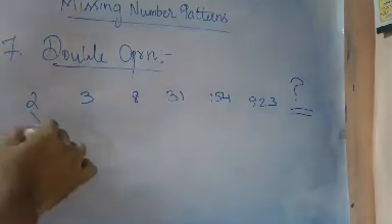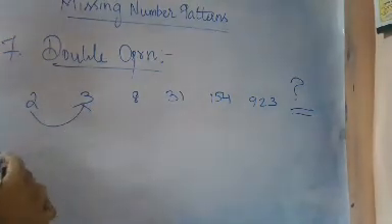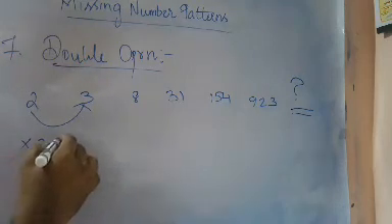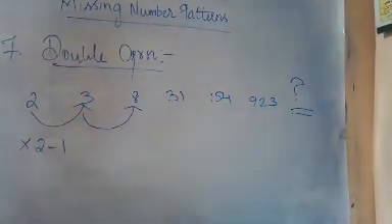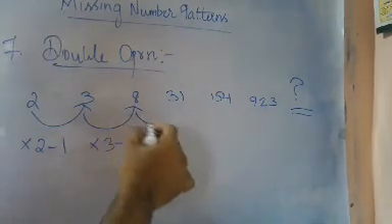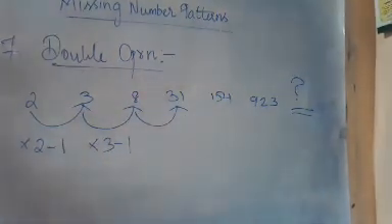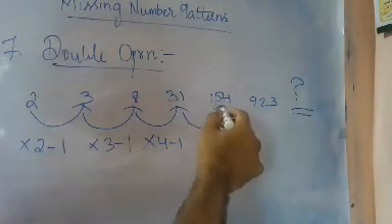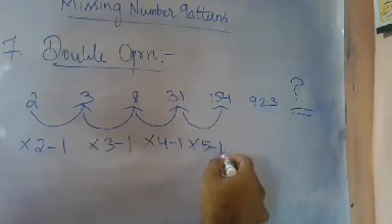So let's see, 2 is getting multiplied by 2 and subtracted by 1. Similarly, 3 is getting multiplied by 3 and subtracted by 1. And here similarly it is multiplied by 4 and minus 1. Here it is multiplied by 5 minus 1.